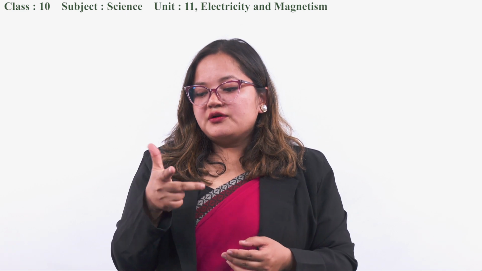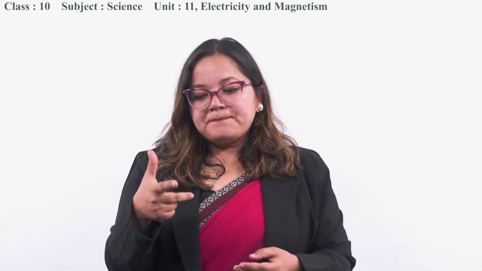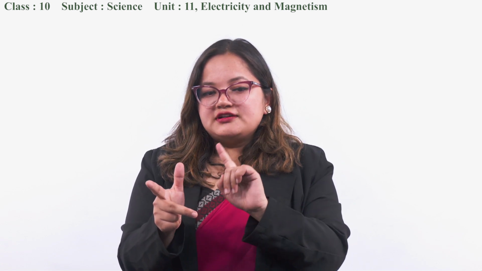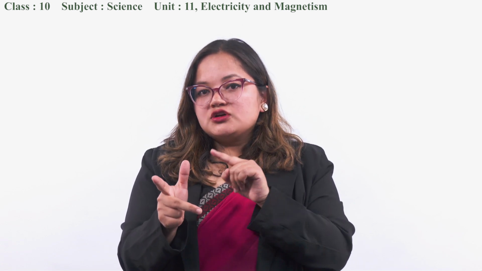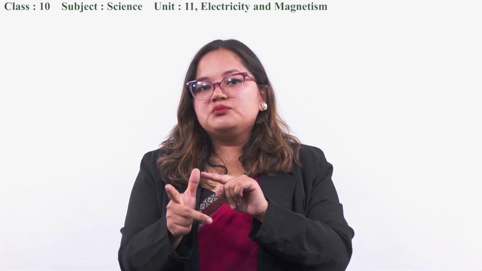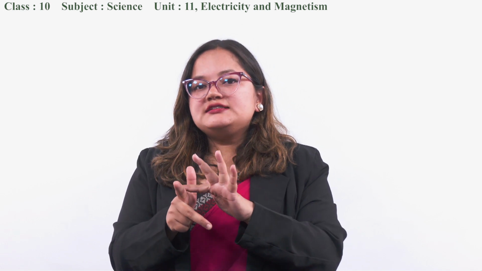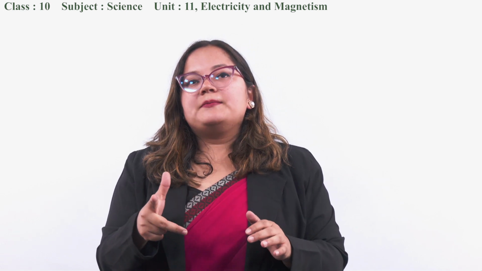These three are set perpendicular to each other, and the thumb denotes the motion. In Fleming's right hand rule, the thumb denotes the direction of the motion, which is upward in this case. What about the index finger? This index finger shows the direction of the magnetic field.